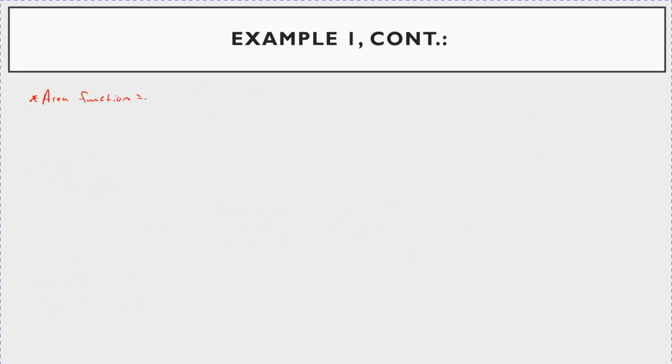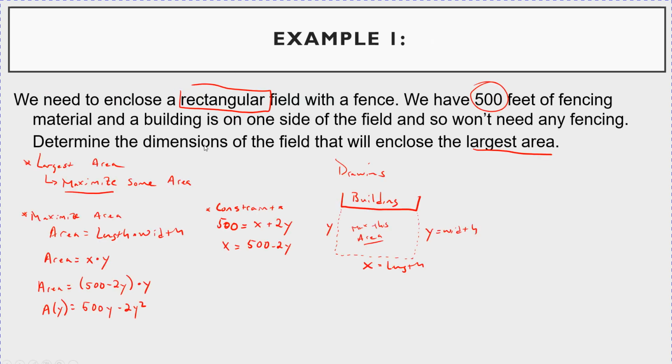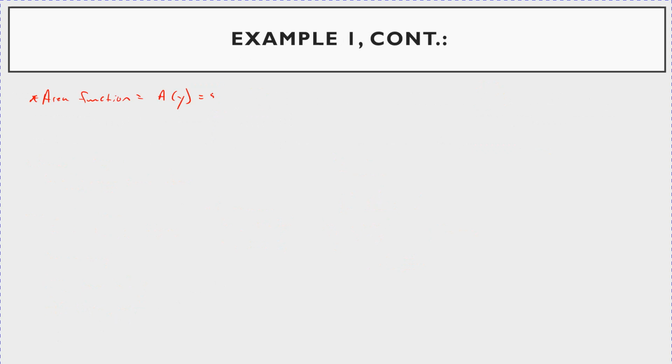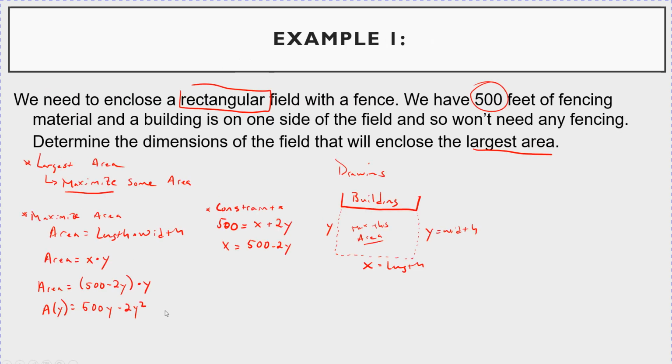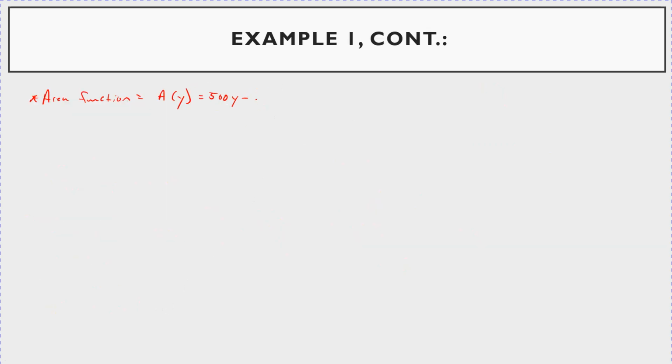So our area function was a function of the y variable, and it was 500y minus 2y squared. Let's take the derivative because we want to maximize it. Taking the first derivative, A prime becomes 500 minus 4y.